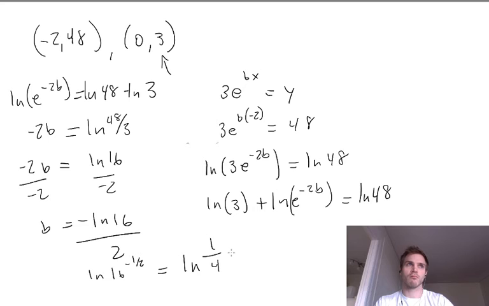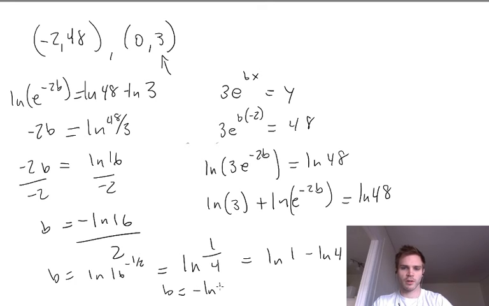And so this equals log of 1 minus log of 4. This is all equal to b, keep that in mind. So b is equal to, so log of 1 is 0, and then 0 minus log 4, so we get negative log of 4.